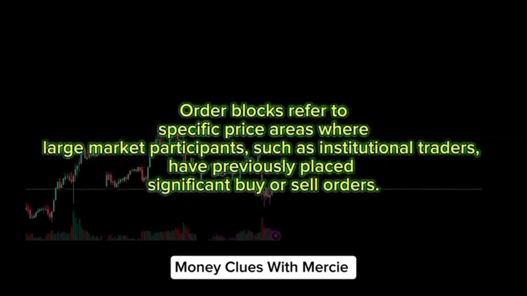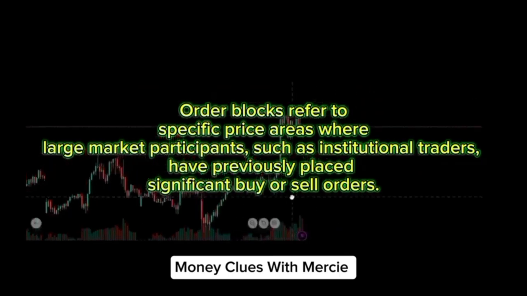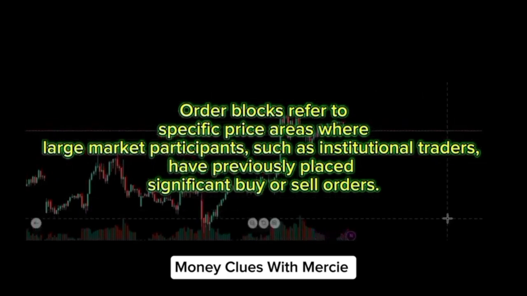You're supposed to understand the name previous. So it is not like currently happening, but it was a previous level. And as you know, guys, a previous level becomes our point of interest, simply because it is a zone where it has a history of institutional traders laying their orders.